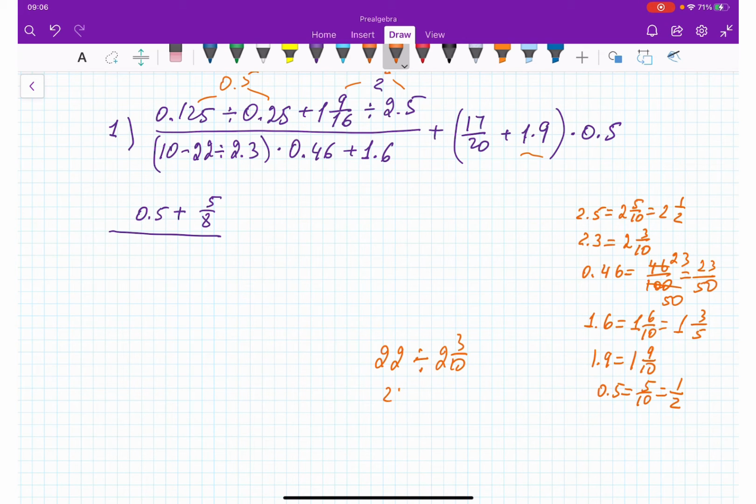Which is going to be 22 divided by 23 over 10, and it's going to be 22 times 10. Here will be 23. There is nothing to reduce. We are going to get 220 over 23.